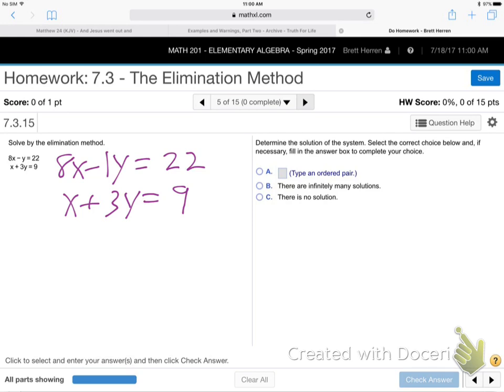Does that make sense? You got to make that y negative 3y, don't you? So, well, not multiply by regular 3. It's already got the minus. So multiply the top equation by 3, and then that top equation will become minus 3y.